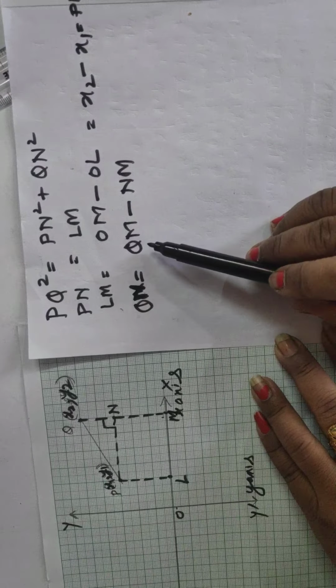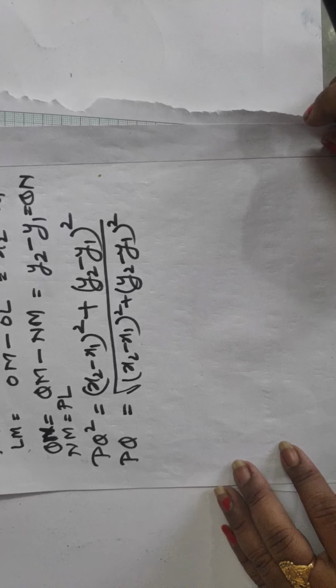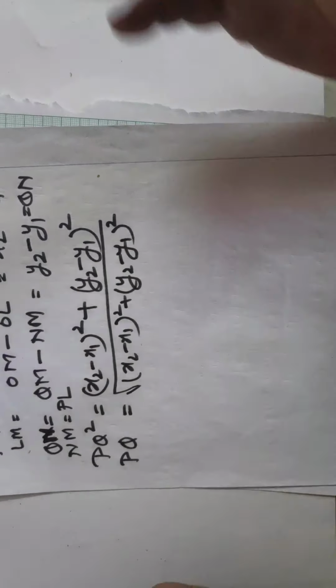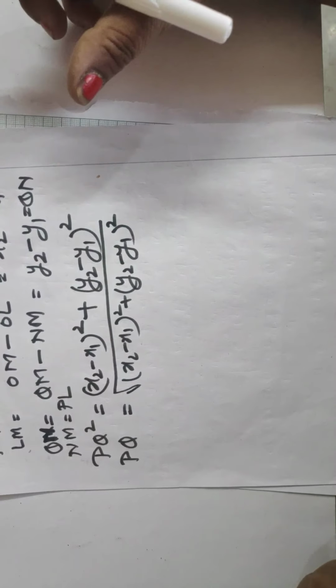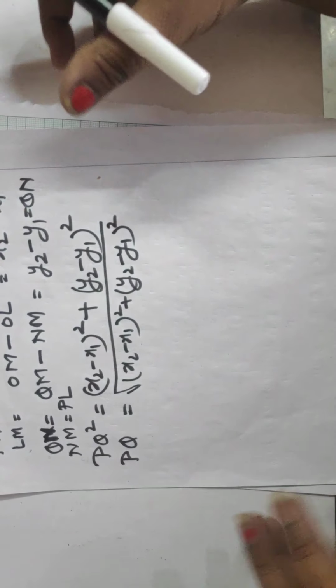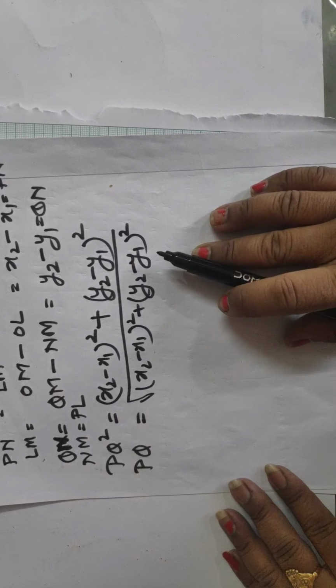That is equal to the under root of x2 minus x1 whole square plus y2 minus y1 whole square. Now this is the distance formula. This is the distance formula for any coordinates when we need to find out the distance between two coordinates. So this is the valid formula.